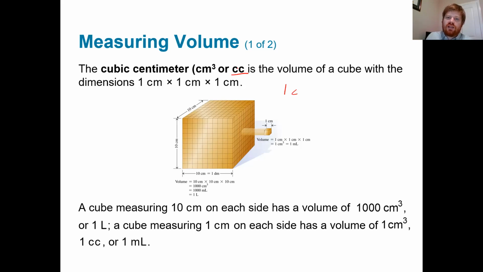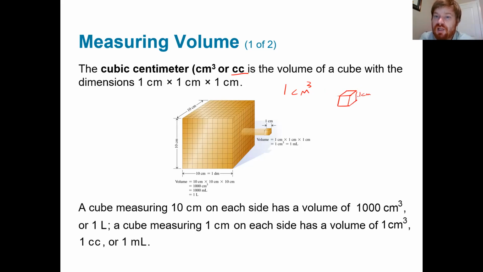So 1 centimeter cubed. Now, this centimeter cubed unit, even though it's a centimeter, is actually a unit measurement of volume. And the way that it's a unit measurement of volume is 1 cubic centimeter is the volume that's contained in a cube whose side lengths measure 1 centimeter. So if you have a cube here, let me do my best here. Not bad, right? Okay, so here's our cube.